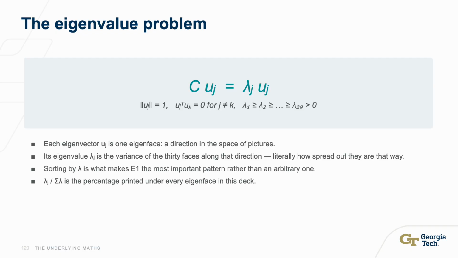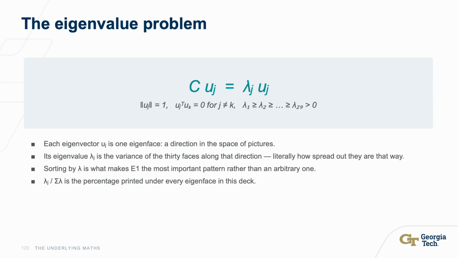Its eigenvalue, lambda_j, is the variance of all 30 faces along that direction, literally how spread out the data is. Sorting by lambda is what makes E1 the most important pattern rather than an arbitrary one. And lambda over the sum of lambdas is the percentage printed under every eigenface in this deck.